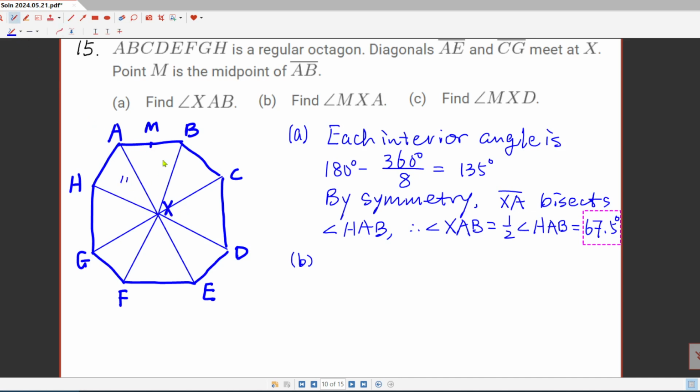The vertex angles of these triangles are the angles at X. Since these angles are all equal, each is 360 over 8, which is 45 degrees, right?